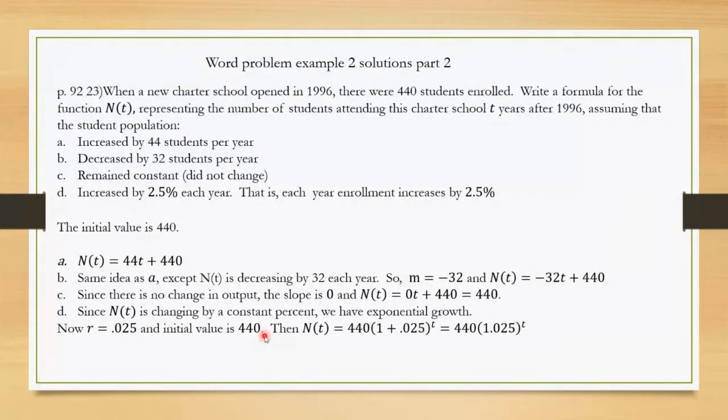The initial value is 440. So again, using our function, we get 440 times 1 plus 0.025 to the t, like so. Which you can write this way.